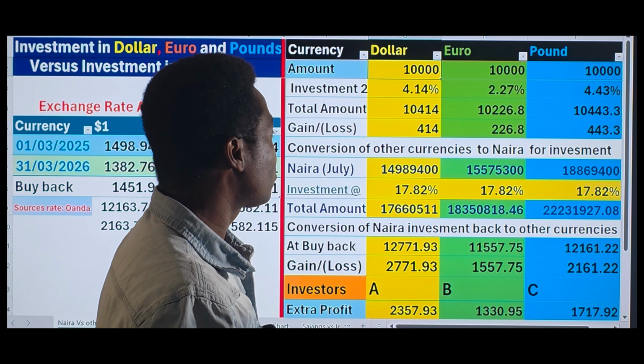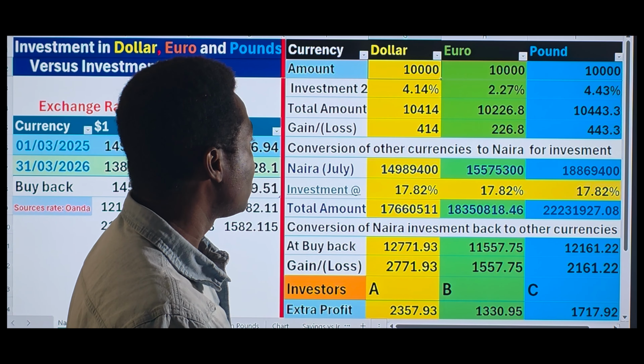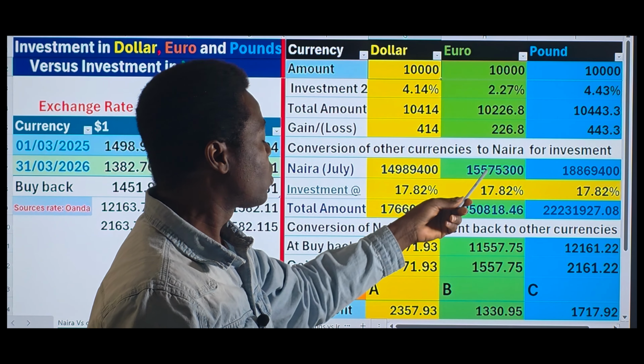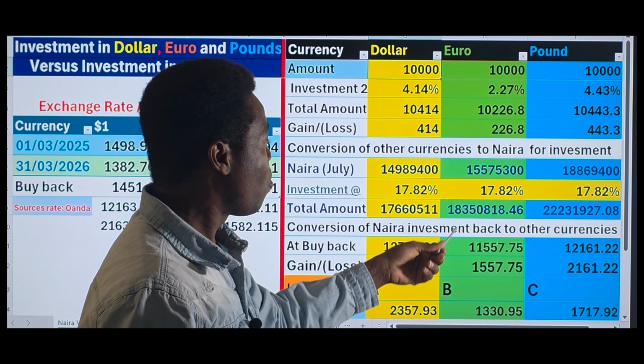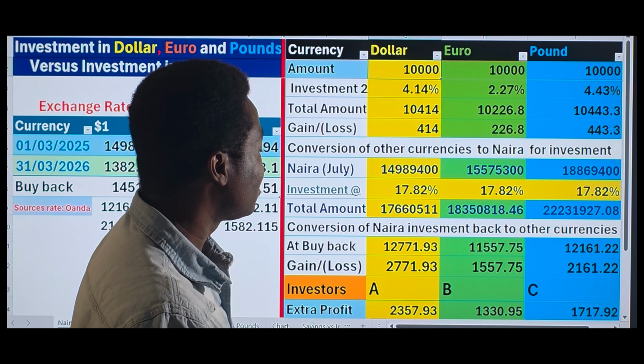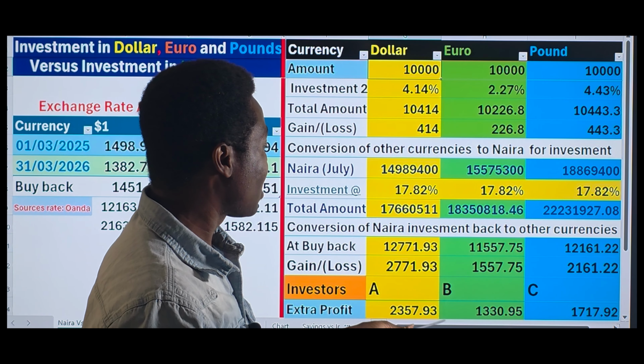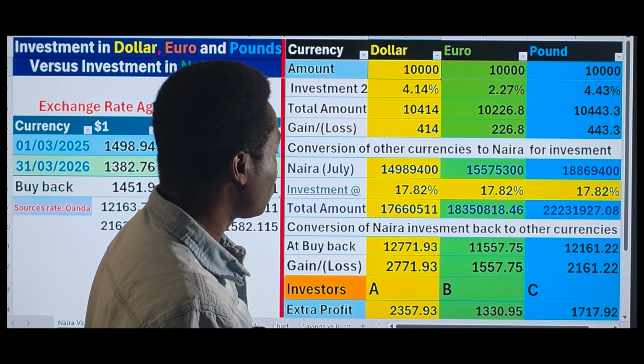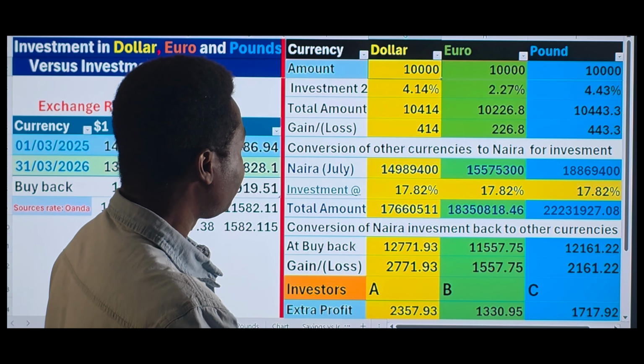in these various country treasury bills, the profit was lesser than what they gained in Nigeria.